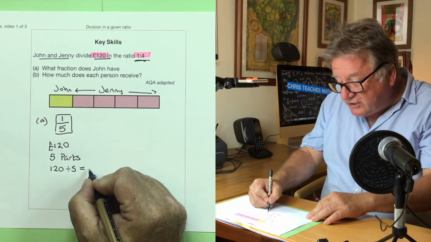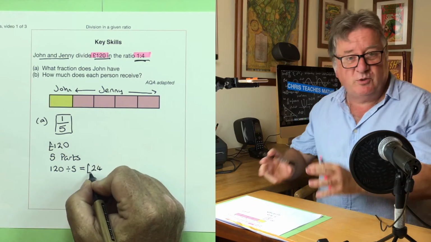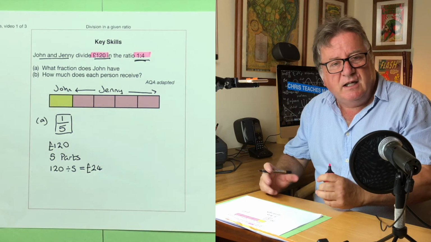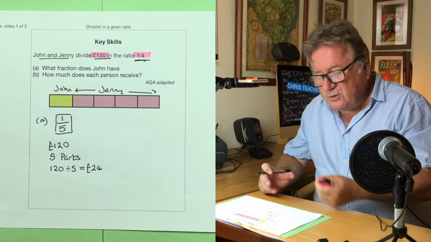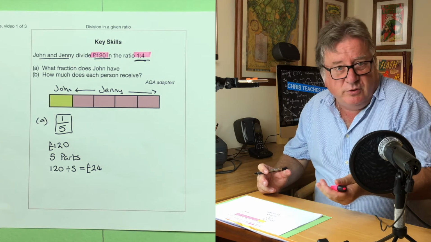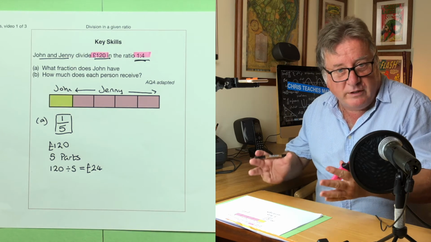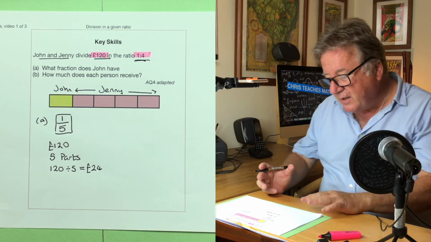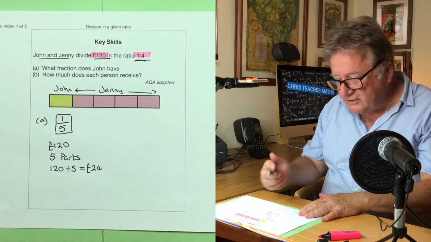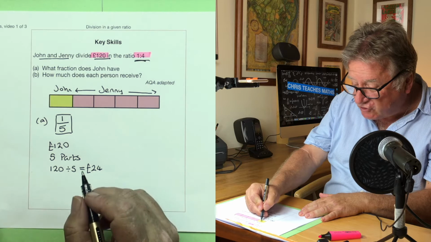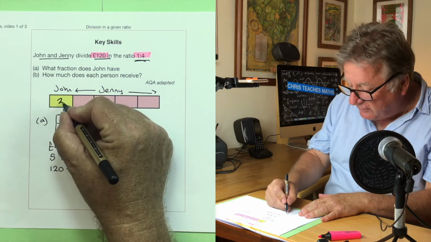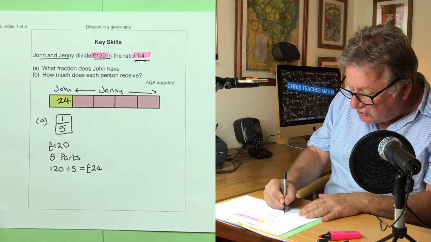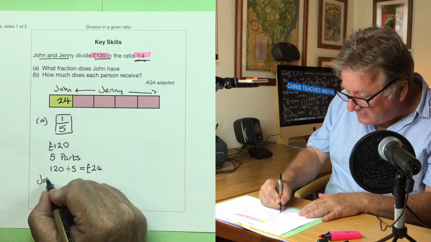Now, I just mentioned that much of this I'm doing without a calculator. If this was in a calculator paper, use it, okay? You'll avoid making any mistakes. So we know that 1 part is 24. Visually, we can see straight away John has 24. So I'm going to write down John has £24.